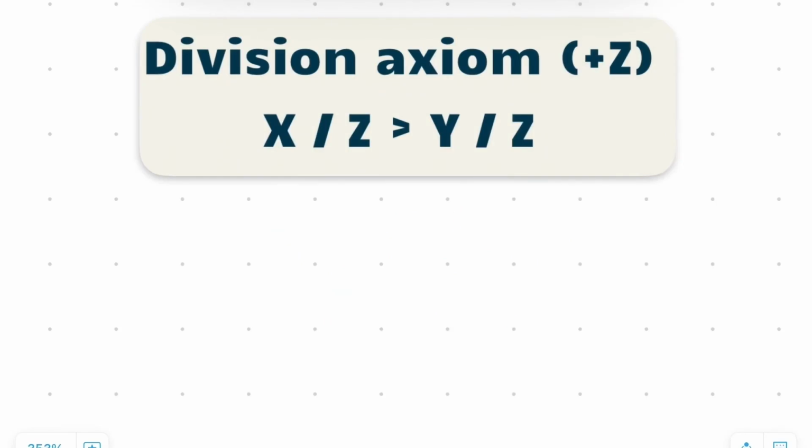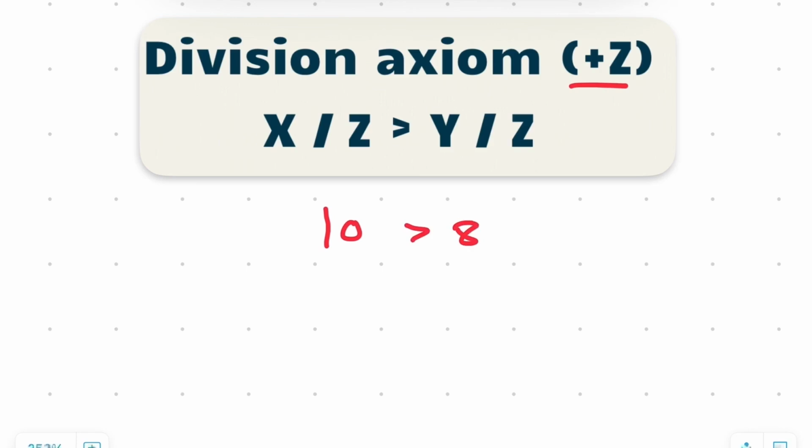Next, let's look at the division axiom. And notice how here I have a positive z. This is because we assume that z is greater than 0 for this axiom. Let's say that I have the inequality 10 is greater than 8.